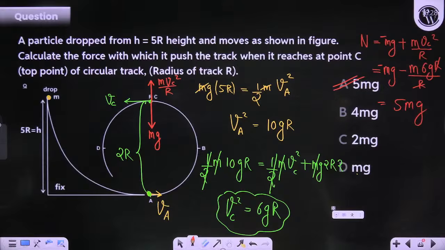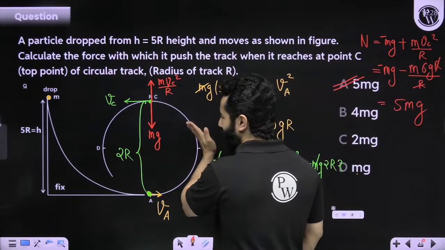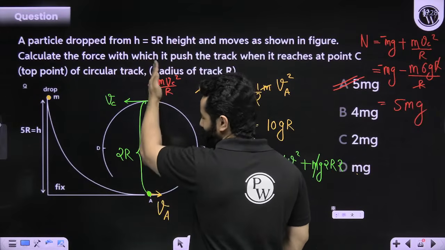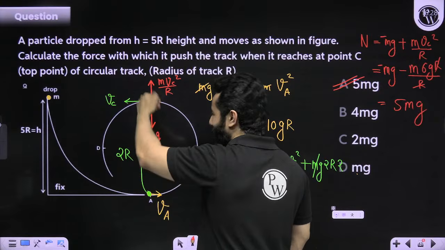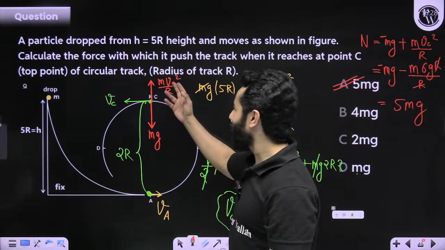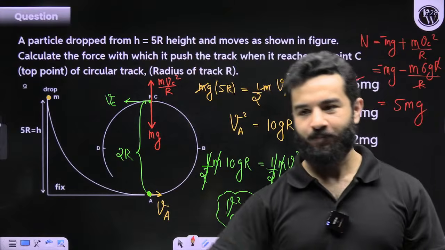Clear? Nice problem. Please understand, if it is actually moving along the track, obviously it will apply the force in this direction. If let's suppose net force is more in this direction, if mg is more, then it will fall from track clearly. So obviously mvc square by r will be more than mg, right?